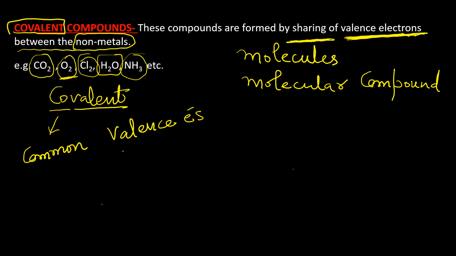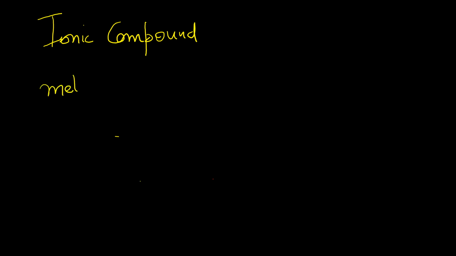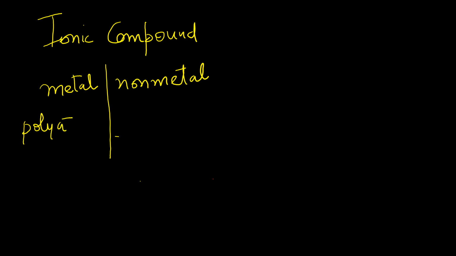All right, so let's quickly go over how covalent compounds look different from ionic compounds. Something very important: in ionic compounds, you will see some positively charged species bonded with negatively charged species. Typically it will be some metal with non-metal, or it could be a polyatomic cation.